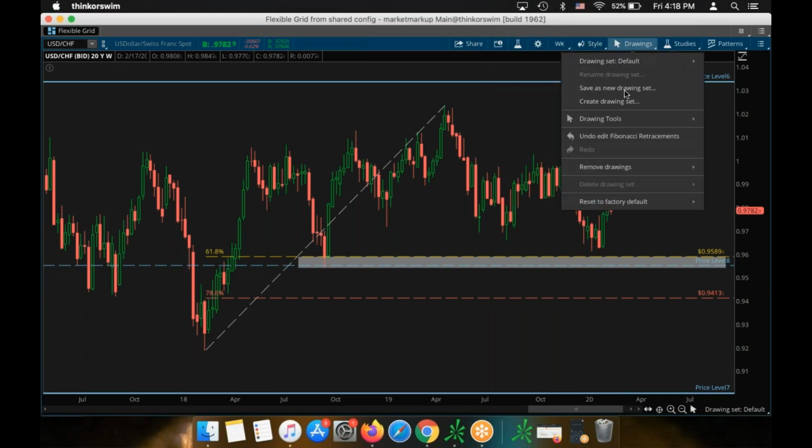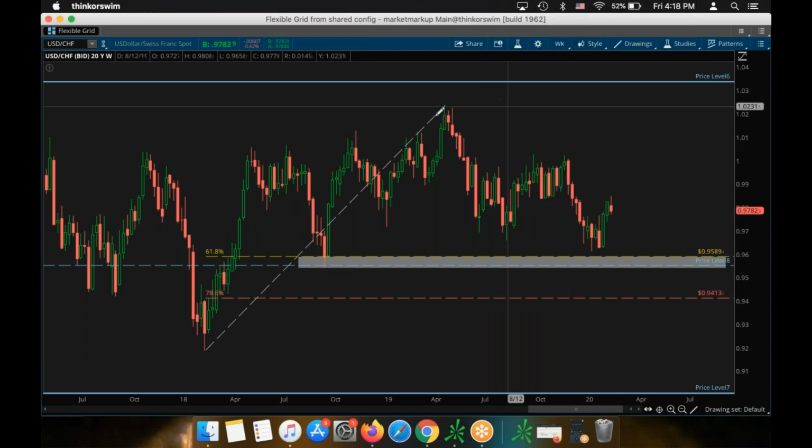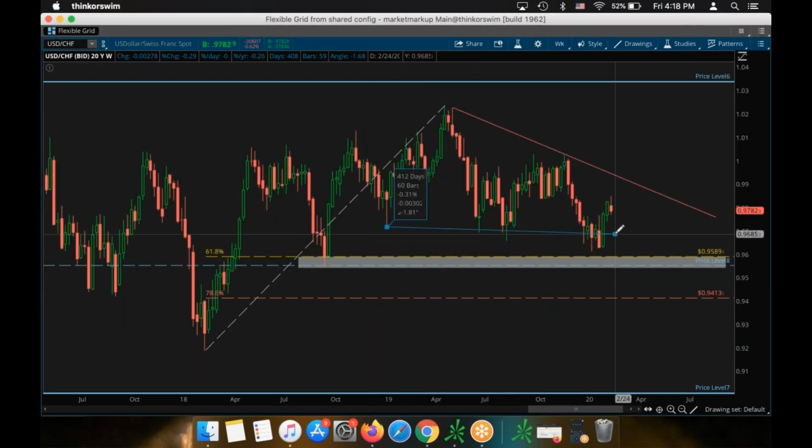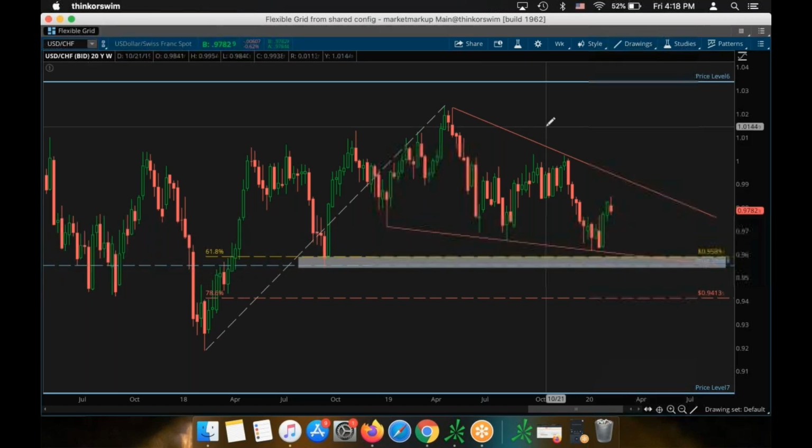So if I were to add on just a little bit of trend, as I highlighted earlier, a pretty consistent downtrend, if I plot this out, I've got a nice little channel bottom, and we're kind of squeezing down.